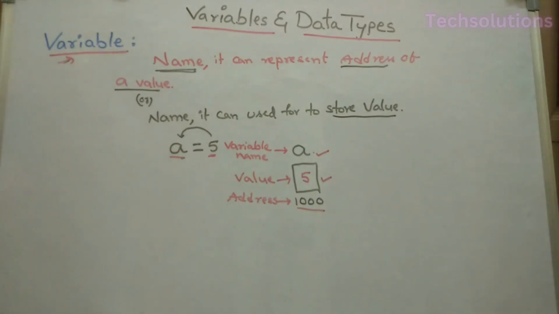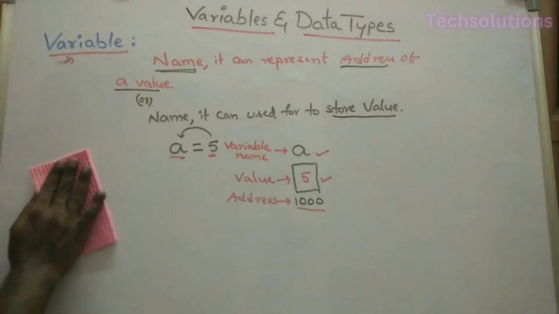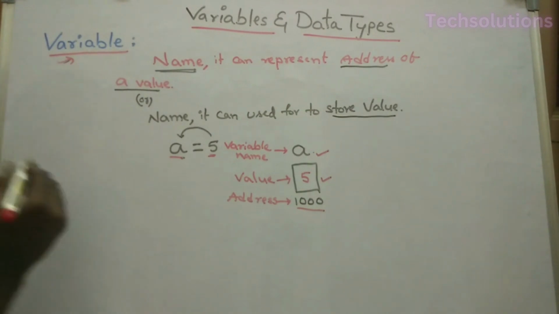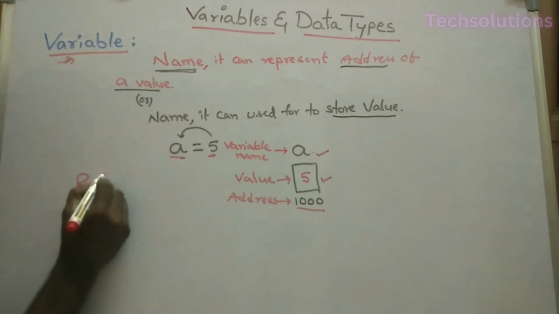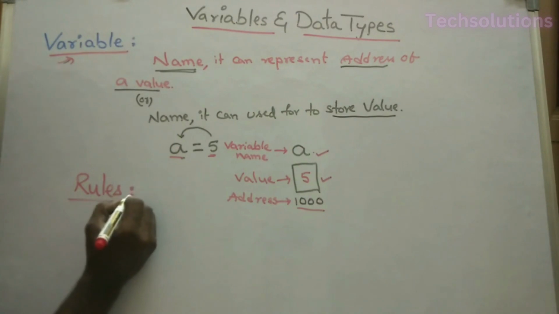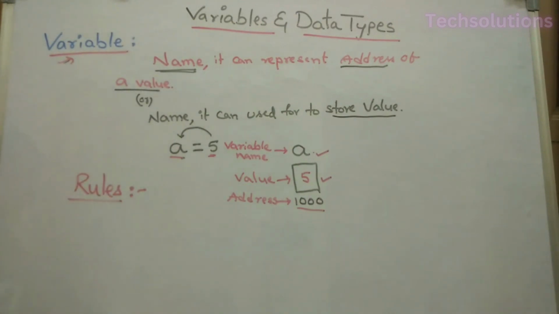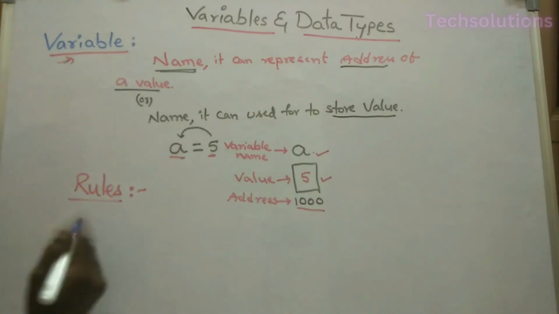And what are the rules for declaring variables? I will explain just 2 main rules. The 2 rules are: first rule. What is the first rule?